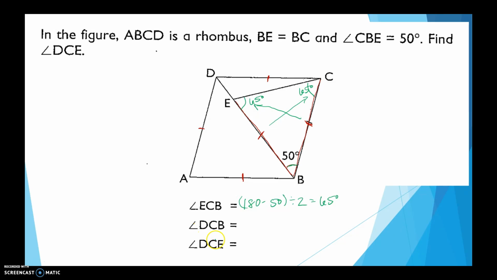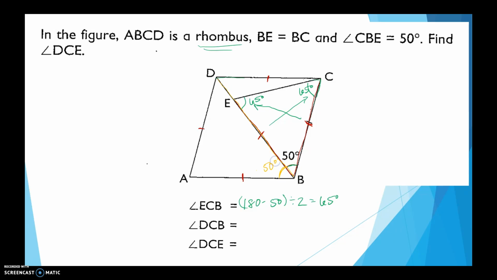And then it says to find angle DCB. So this long angle right here. Well, how are we going to do that? Let's think about this for a second. There are a couple ways I could go about this, but I'm going to go back to where it said that this is a rhombus. Since it's a rhombus, the fact that I have this angle bisector right here means that it's bisecting my angle exactly in half.